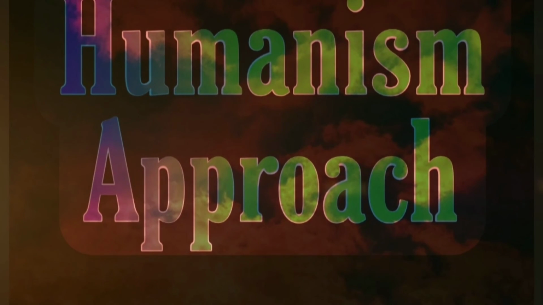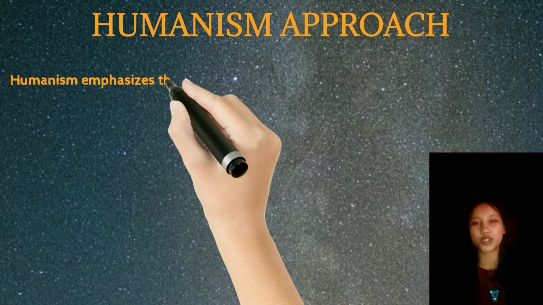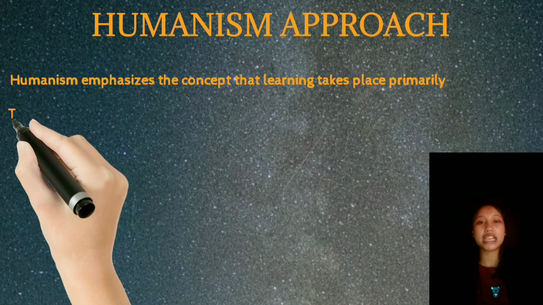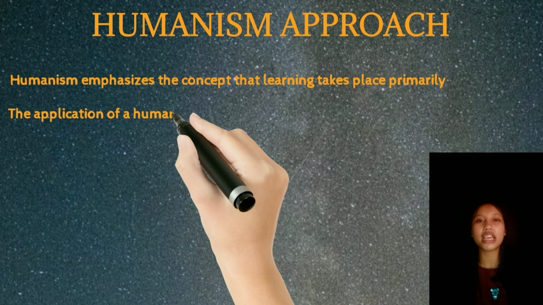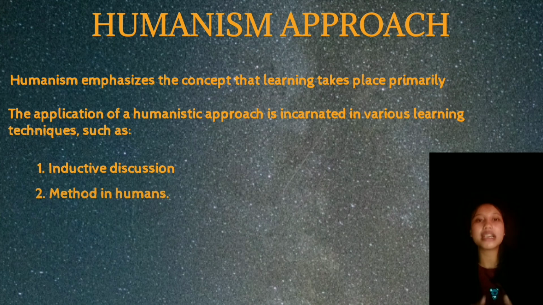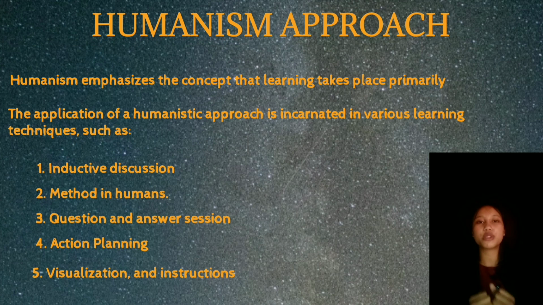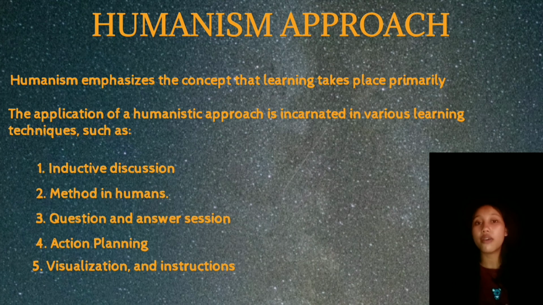Humanism approach. Guys, we move to the next topic. It is about the humanism approach. The humanism approach is a theory of individual growth and development, offering techniques for thinking in new, creative ways. Humanism emphasizes the concept that learning takes place because of the student's ability to reflect on personal experience and feel comfortable with the learning environment and the topic discussed.